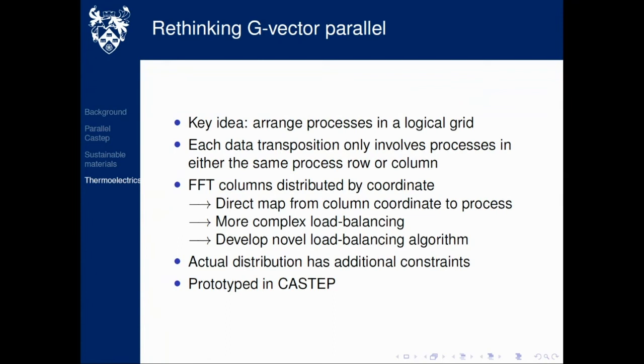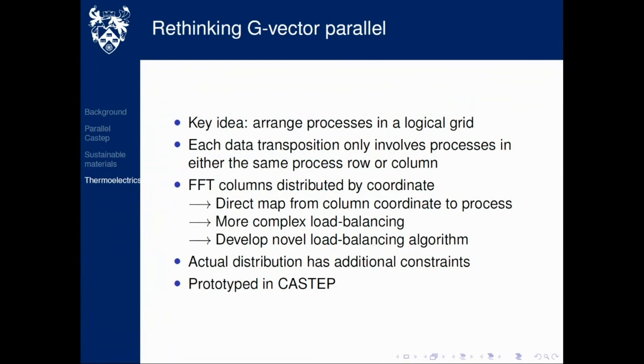And the reason that we want to do that is because although I told you that every process needs to communicate with every process, and that is true, actually it can be done as a two-step process where each task only communicates with tasks in the same process row, and then you communicate with tasks in the same process column, but you never need to communicate with any of the tasks who are in a different process row and column. All of their information comes to you indirectly via other communications.